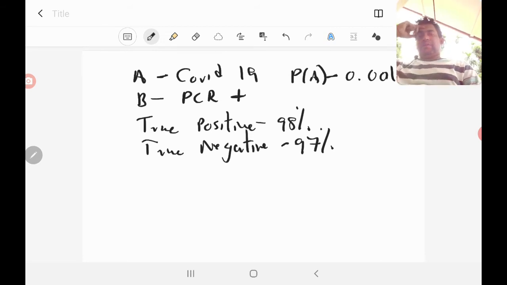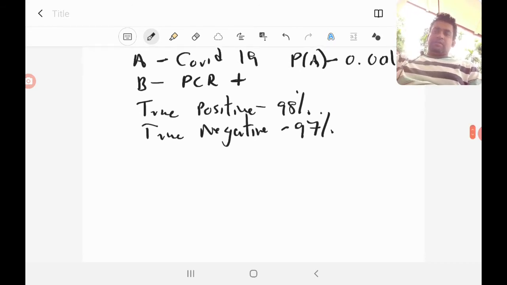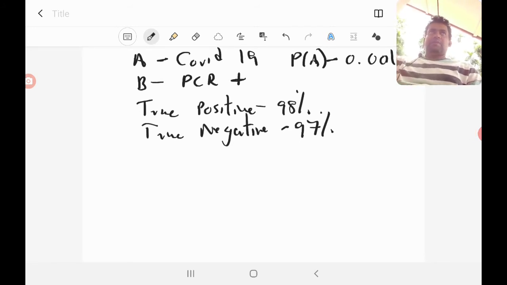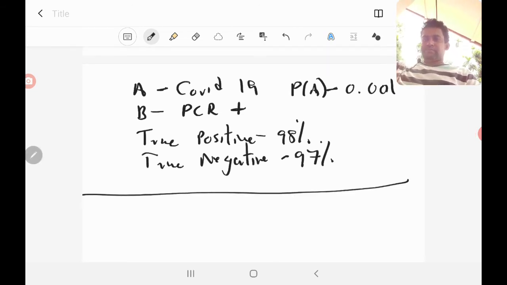That is, if you take 100 people who do not have COVID and do the test, for 97 people the test will turn out to be negative, and for 3 people it will falsely predict that they have COVID, right?